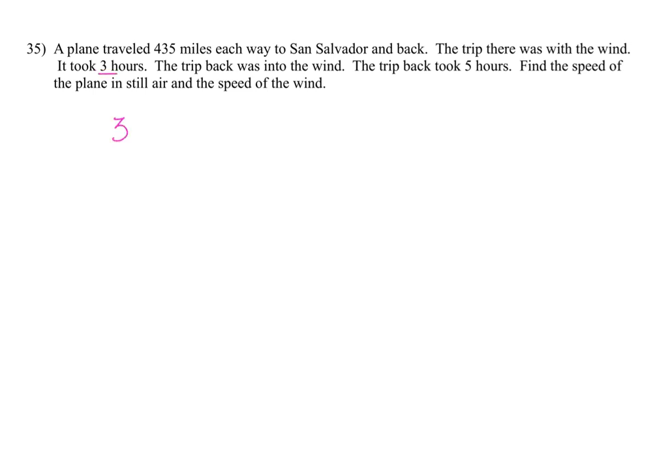That's my time. With the wind, that means the plane and the wind were working together. And it was 435 miles. Against the wind was 5 hours. So that means the wind was working against the plane.